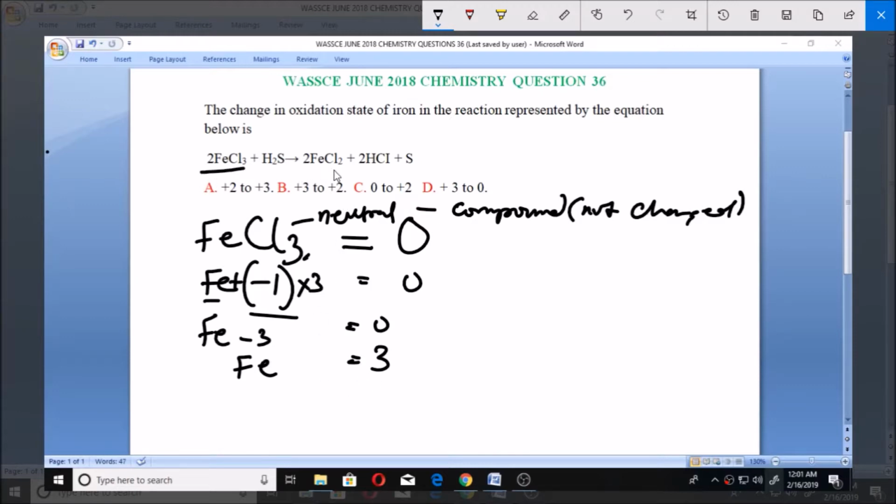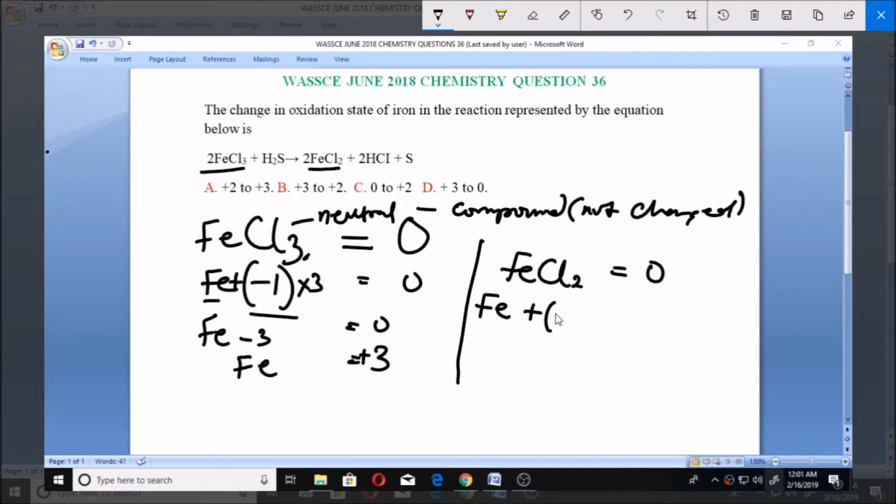Now let's check the oxidation number of iron here. So this is +3 here. You can put plus or you can just write 3. Then for this one we also have FeCl2 equal to 0. The summation is 0. So we now have the oxidation number of iron plus that of chlorine.